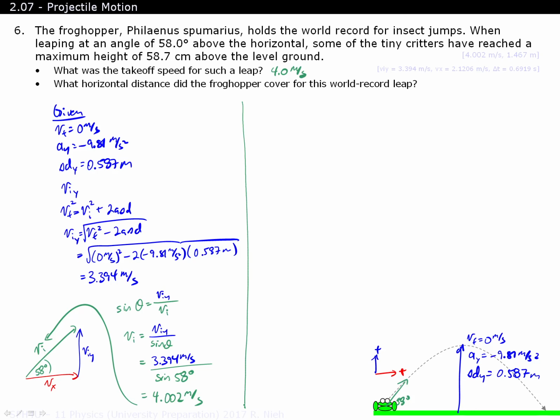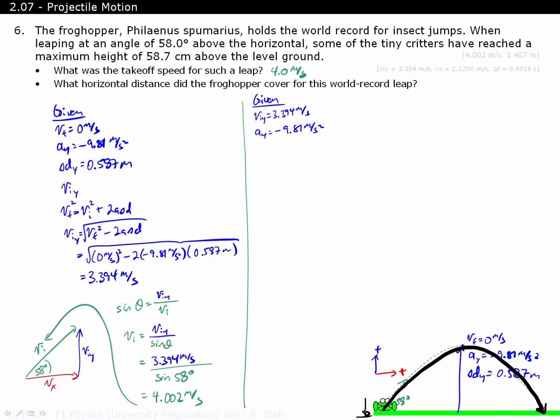Okay, next thing is the horizontal range of this frog. So first we need to figure out the time it remains airborne. So in our givens, what do we know? We know that our ViY is equal to 3.394 meters per second. We know that ay is equal to negative 9.81 meters per second squared. And the last one is just keeping in mind that the frog started from the ground and it finished back at the ground again.